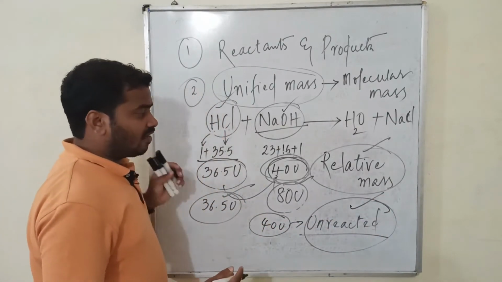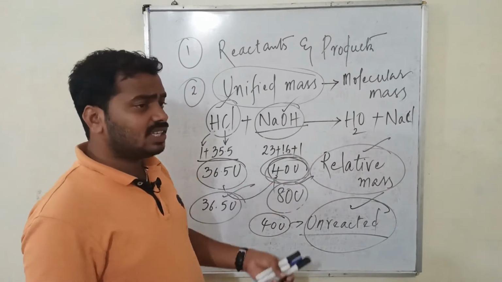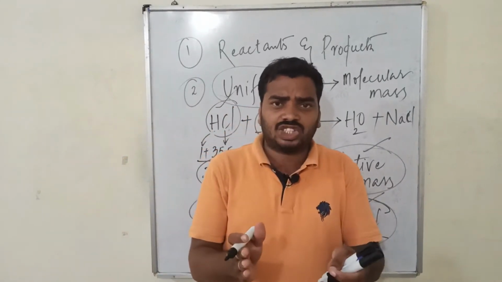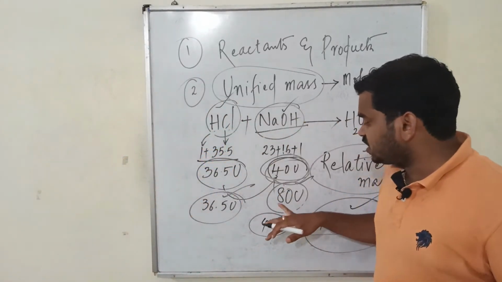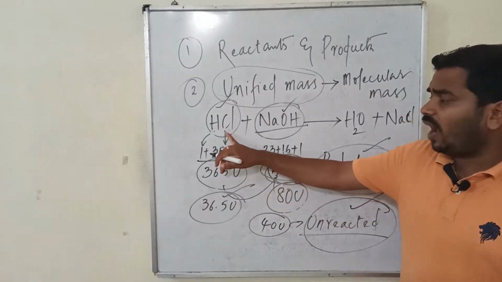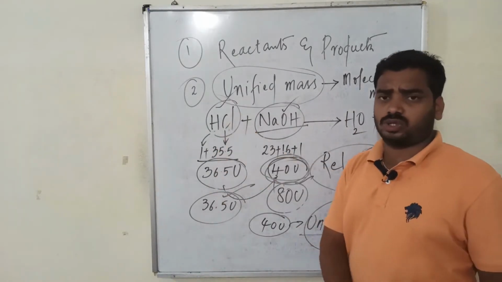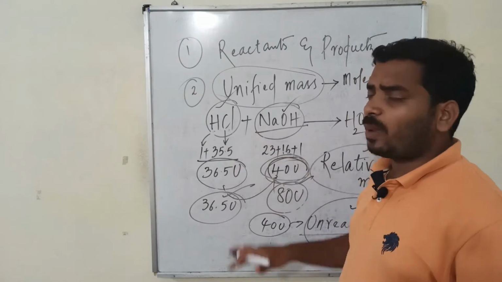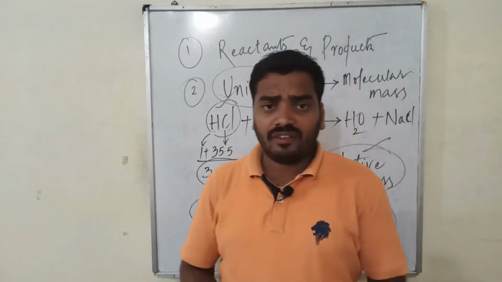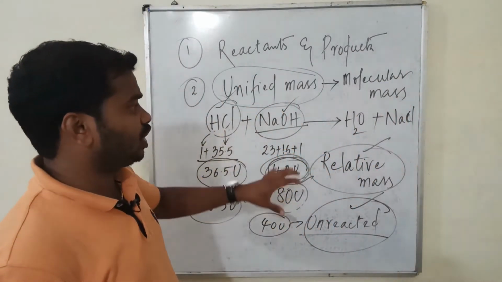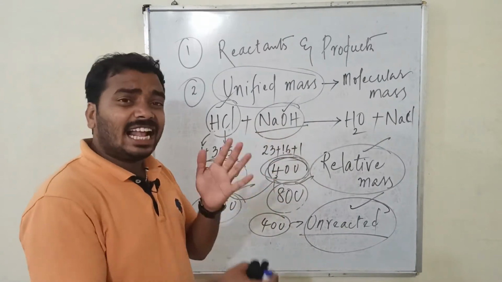I think you would have understood relative mass, in the sense both will be in relation. If you have increased the mass of NaOH, you have to increase the mass of HCl also. So it's a relative mass concept. So from this particular equation, you would get to know the relative masses.